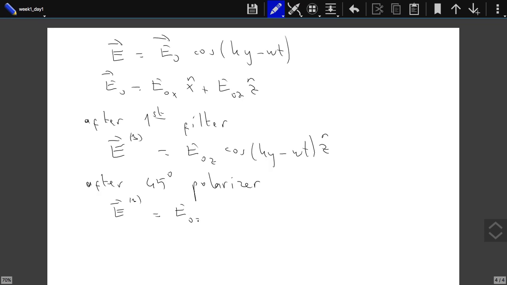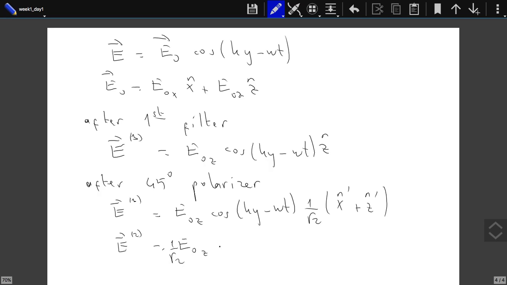So E1, I can write it as E0z cosine(ky minus omega t) times 1 over square root of 2 (X hat prime plus Z hat prime). So after the second filter, it just chooses the polarization in the X hat prime direction.